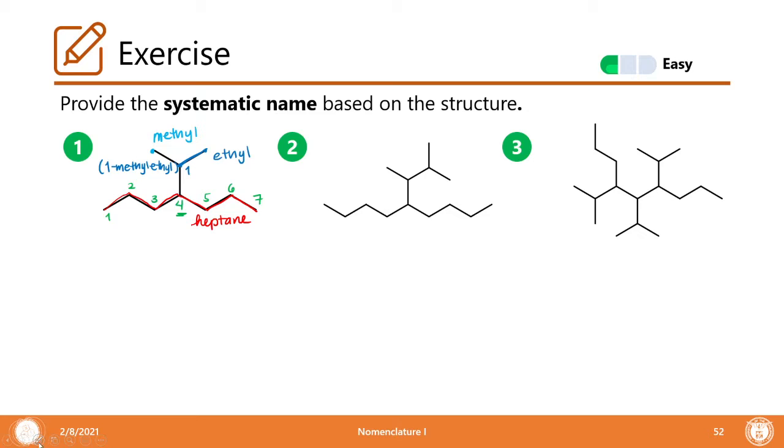That 1-methyl ethyl is at the 4 position of our parent chain. So 4-(1-methyl ethyl)heptane.